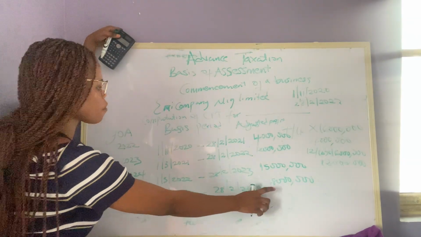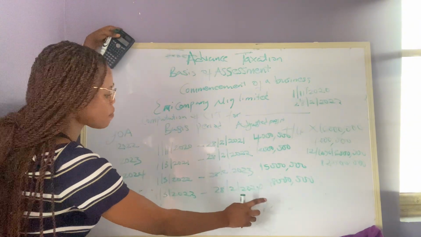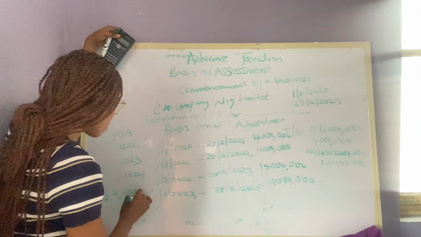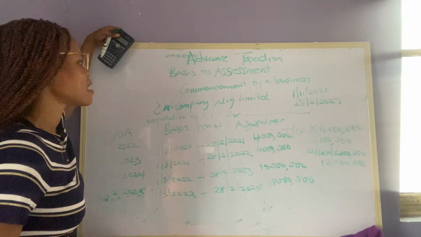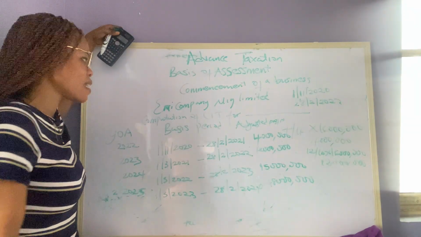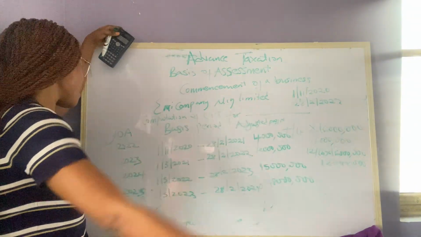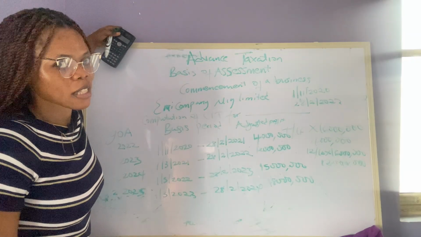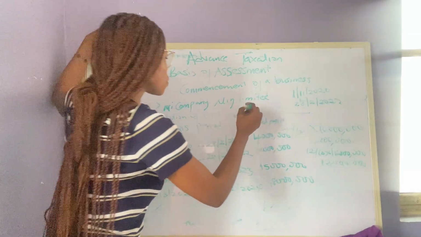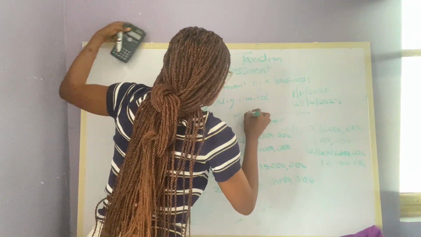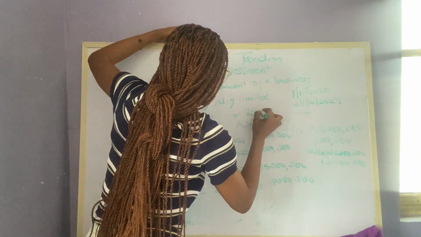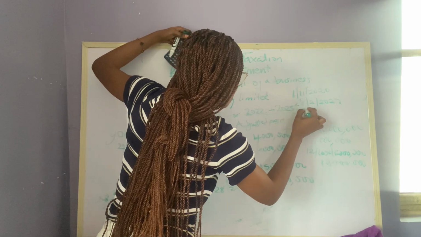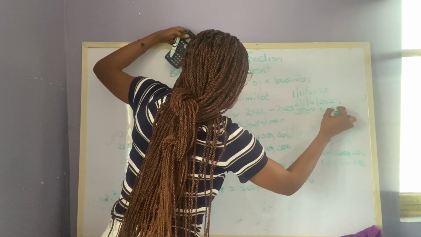And this profit of 18 million, which is in year 2024, is going to be subjected to tax in 2025. Now, which means that our relevant years of assessment for the computation of CIT are from 2022 to 2025 years of assessment.